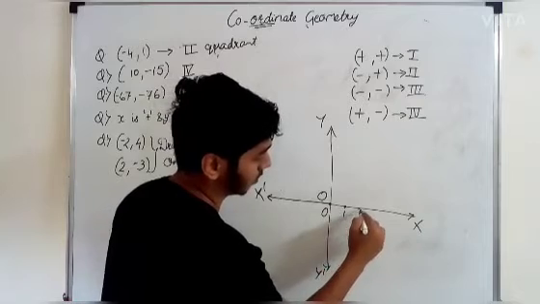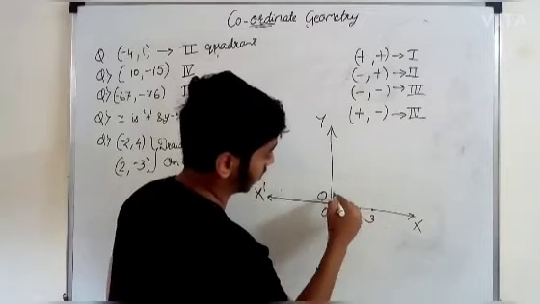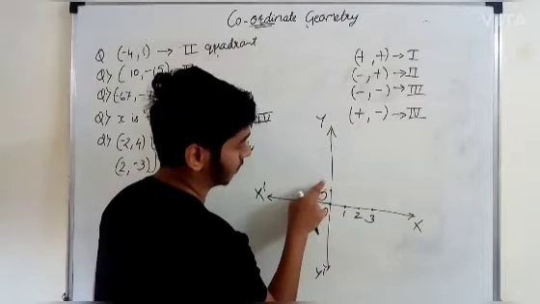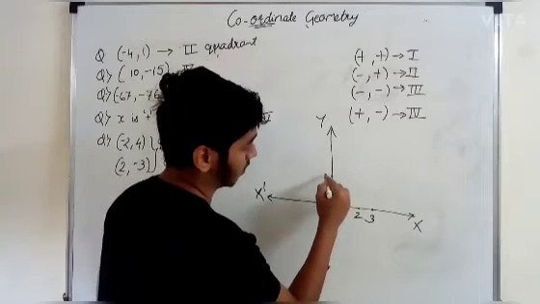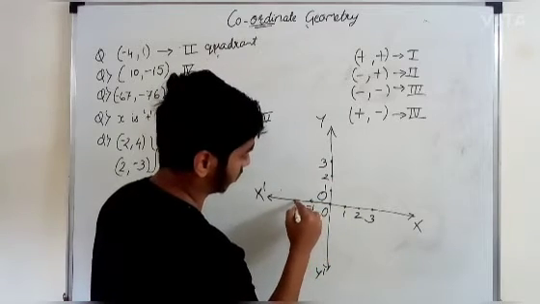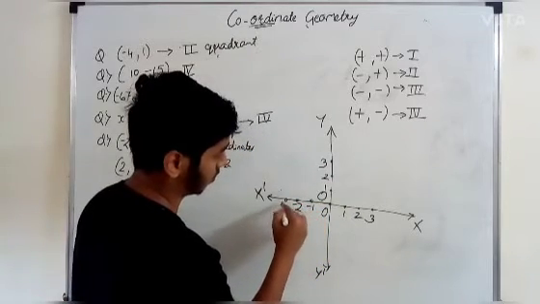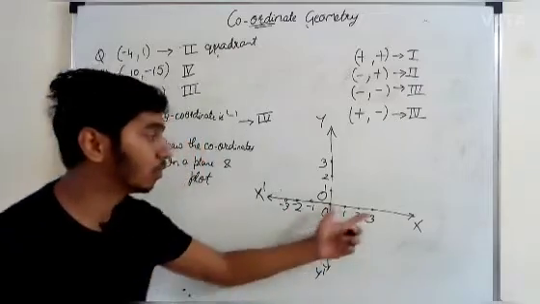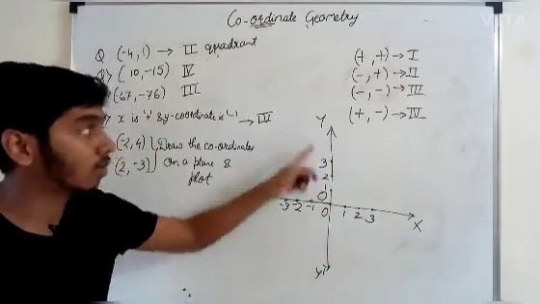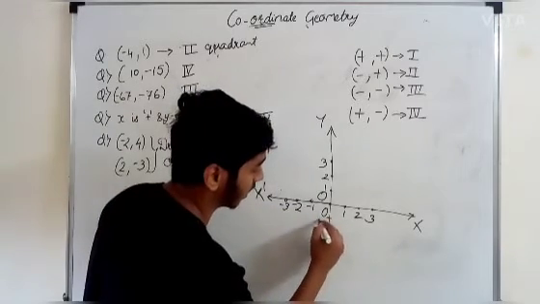This is 1 2 3, this is 1 2 3. This is again minus 1 minus 2 minus 3, because the left side of the x-axis is negative and the below part of the y-axis is also negative.